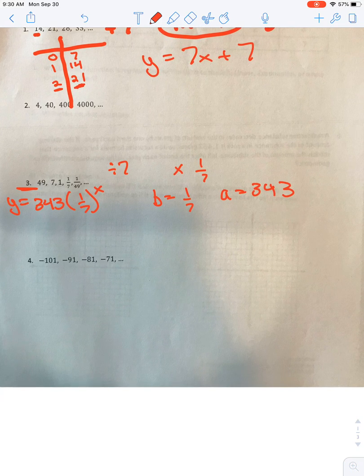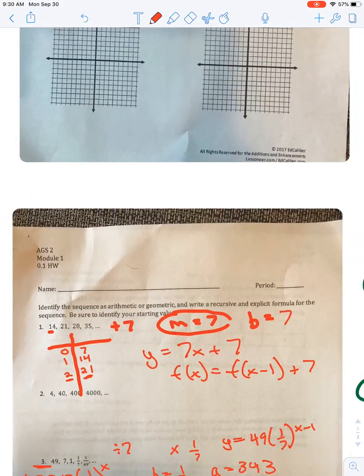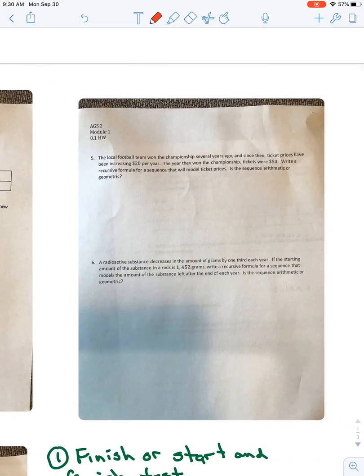And again, your teacher might have taught you last year to go y is equal to 49 times 1/7 to the x minus 1. And that's fine too. I should do the recursive for these two. So f of x is equal to f of x minus 1 times 1/7. And up here, this would have been f of x is equal to f of x minus 1 plus 7. So that should give you enough to get through 2 and 4, and this page too.